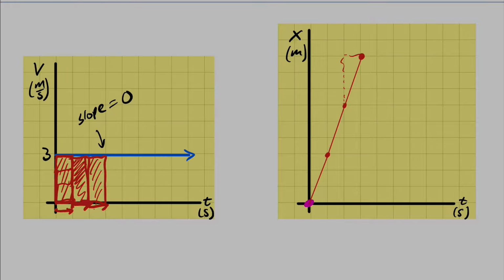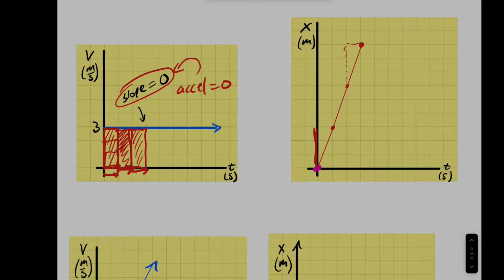And it's not too hard to see that the velocity is not increasing or decreasing, so the slope is 0, and the acceleration, I'll just write accel there, is equal to 0. That's a pretty strong hint that the slope of the velocity graph is going to be equal to the acceleration. But also, the arguably more important thing here is that the area underneath it for each time interval stands for the displacement on the position graph.